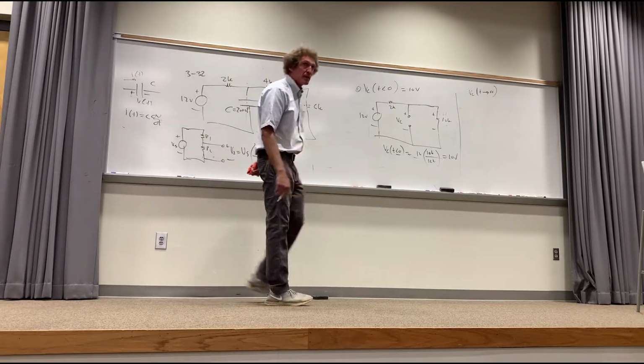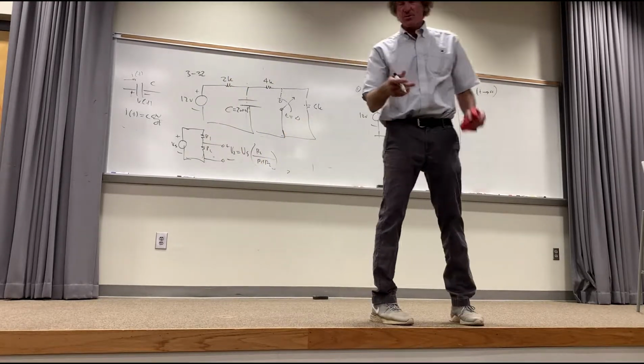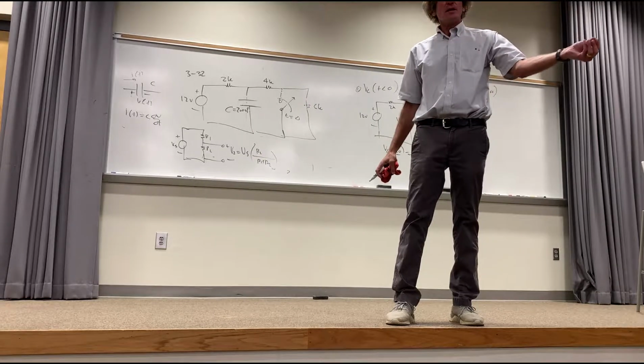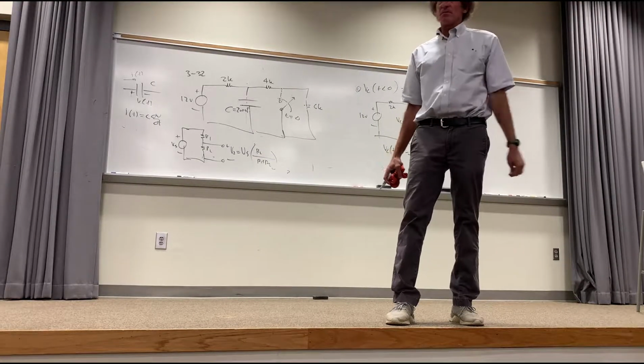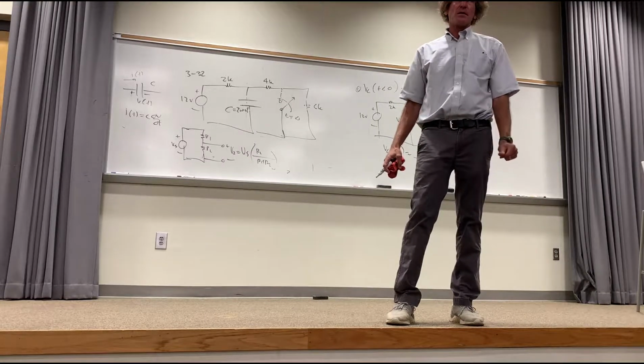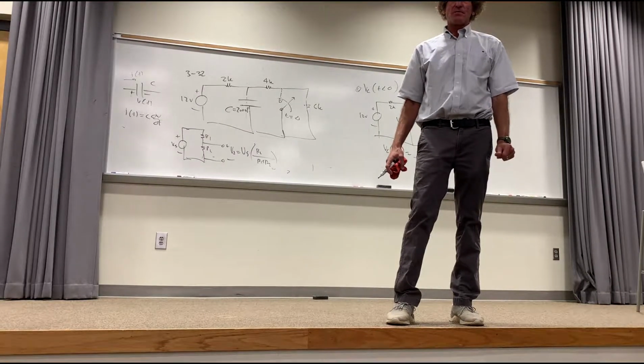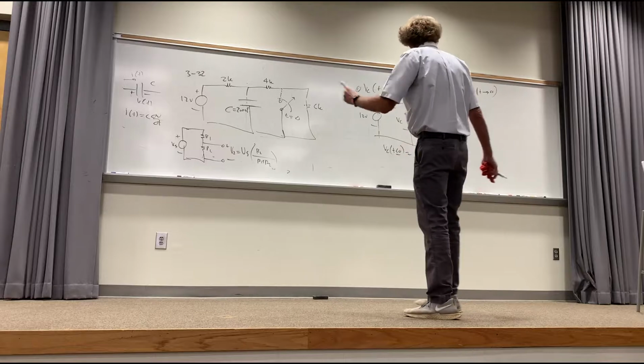That's it. If you want voltage across something, you take that something and divide by the net series resistance and multiply it by the voltage across everything. Okay? Straightforward. Getting back to this.